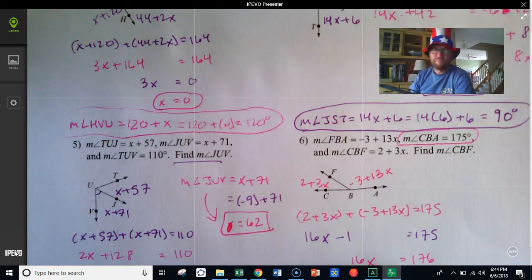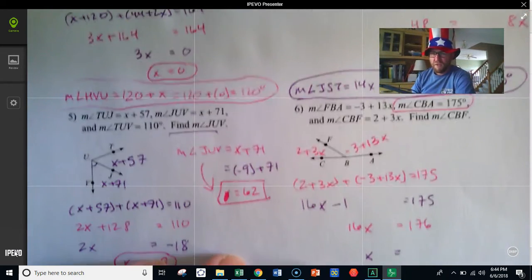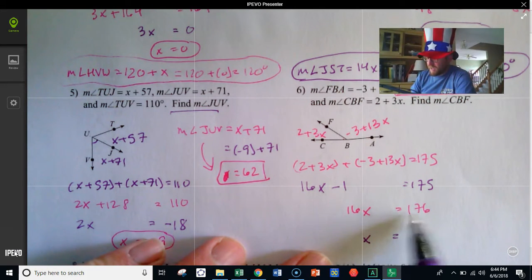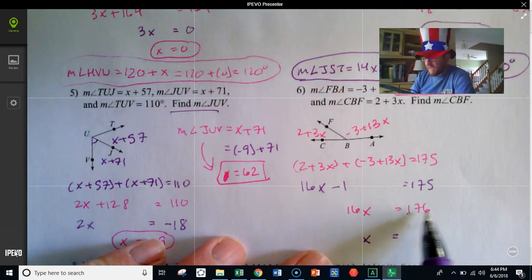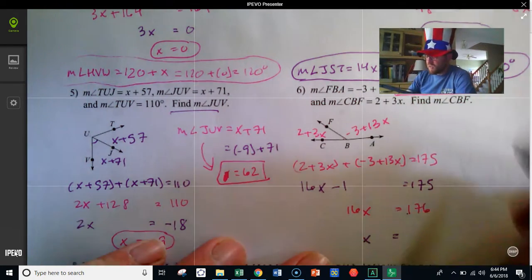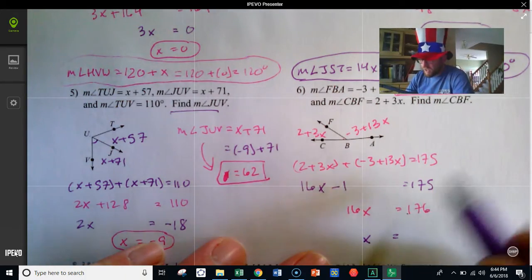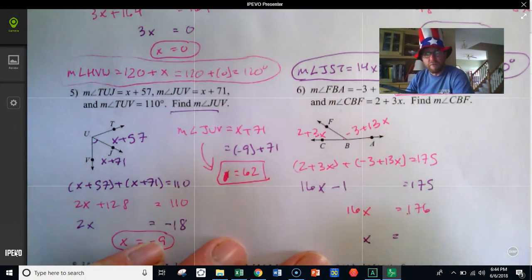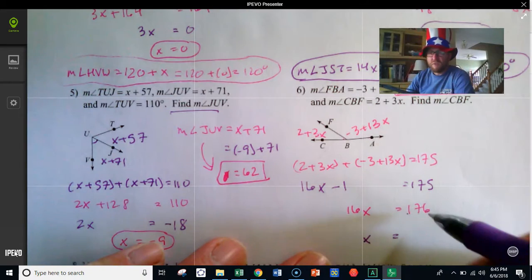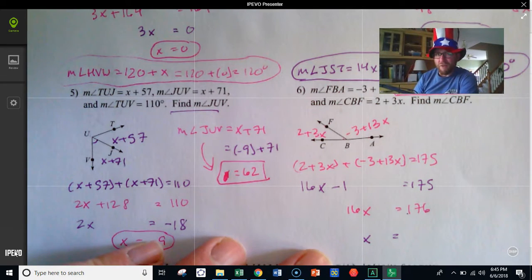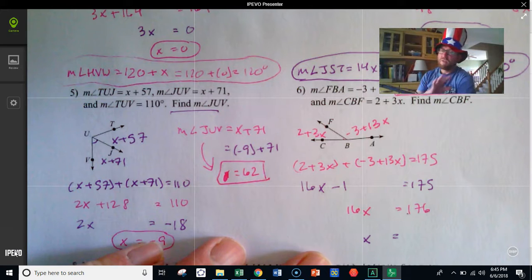Now notice here, here's a little trick for you. Notice that 176, 1 and 6 add together to make 7. Anytime you're multiplying a 2-digit number by 11, you just take the 2 digits of the number, add them together, and put that sum in the middle, so long as that sum is just a single digit.